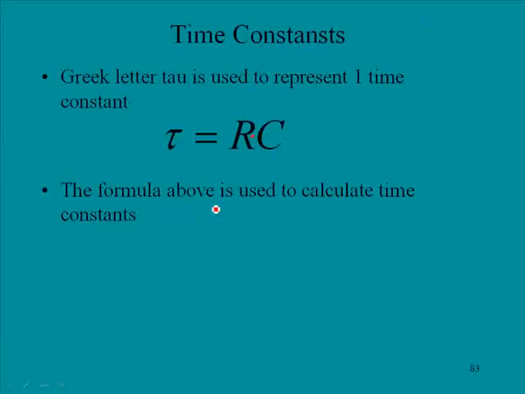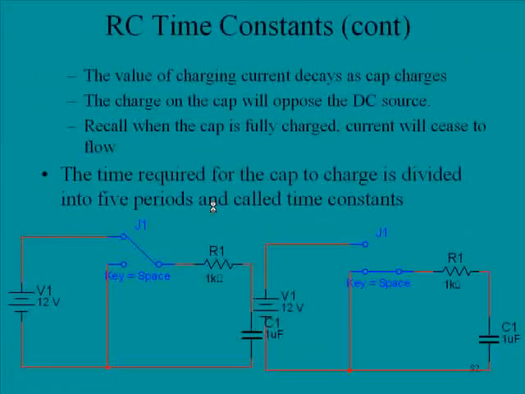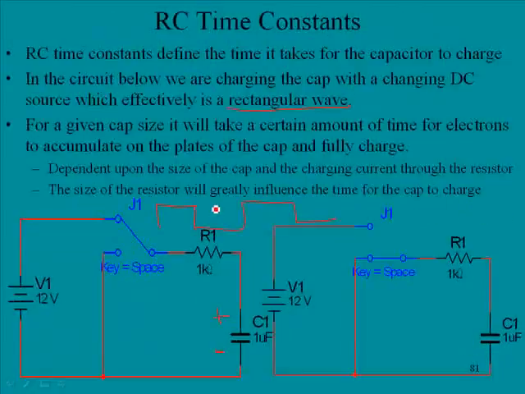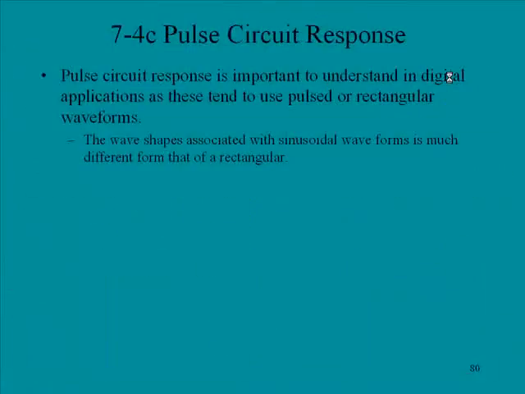We looked at tau. In this particular section, we're looking at time constants, and we're relating them directly to a rectangular wave, versus the sinusoidal wave that we had looked at in the previous sections.